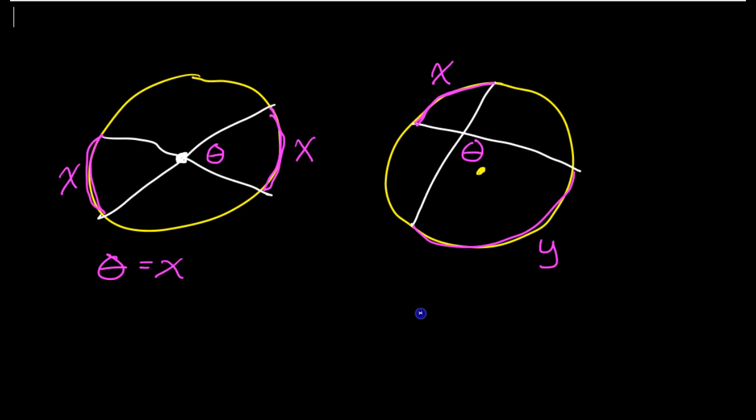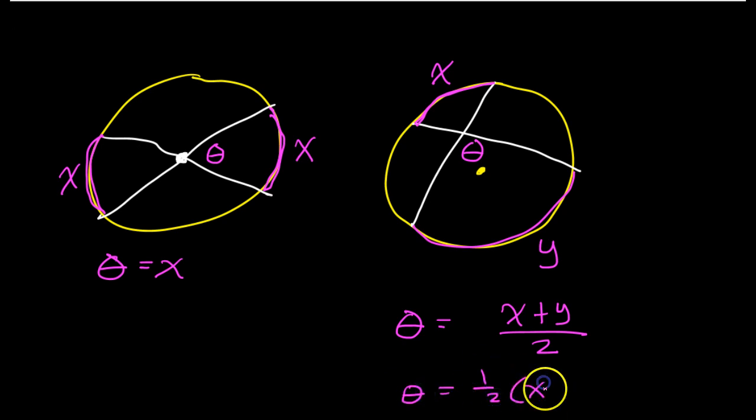So the relationship here is that the angle is going to equal the average of these two. So imagine if you added these up and divided by 2. That's how you would get the angle. Or another way to write that is to say 1/2 (x + y).